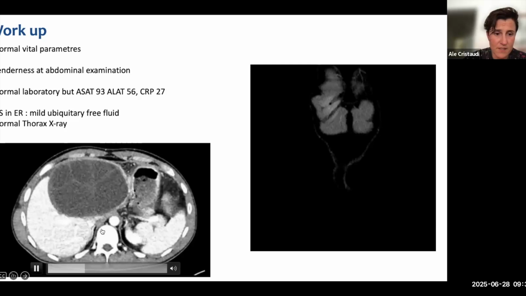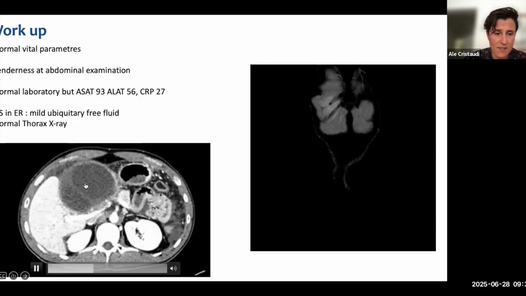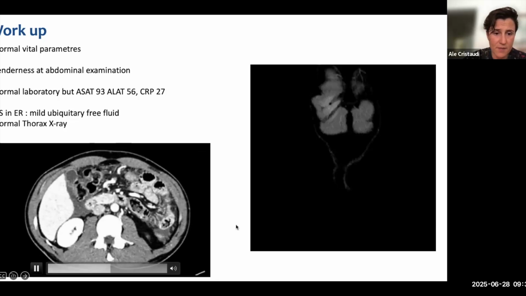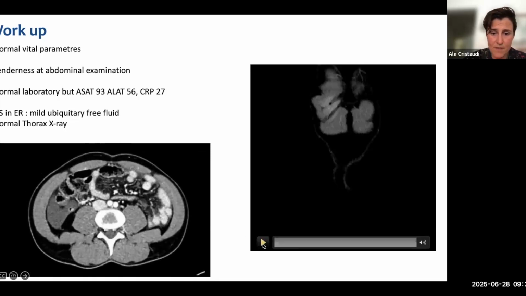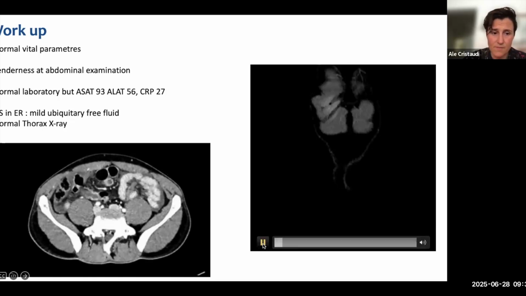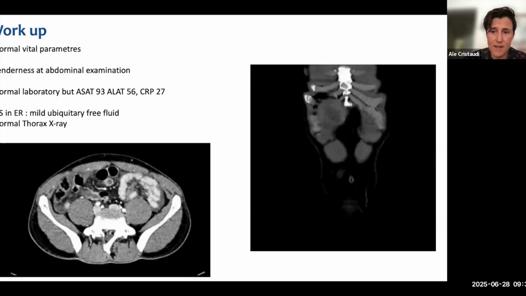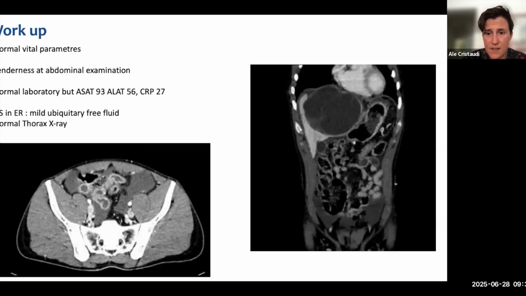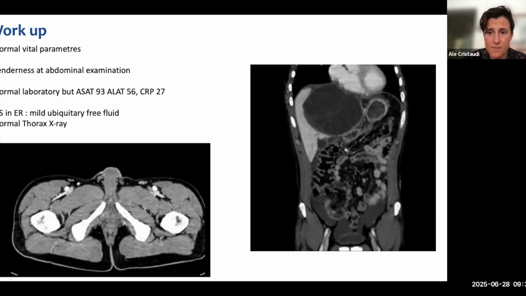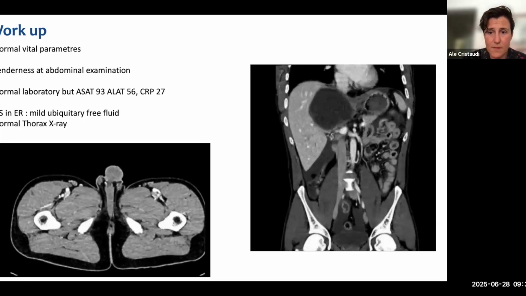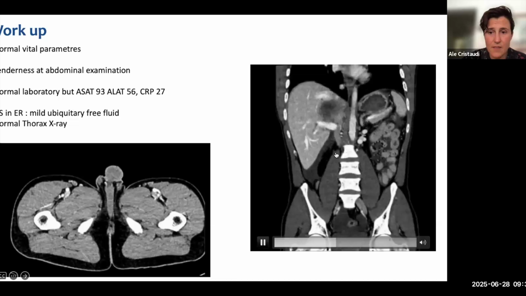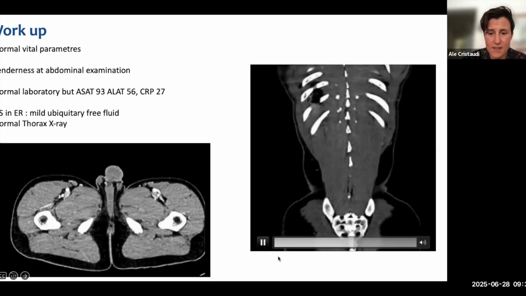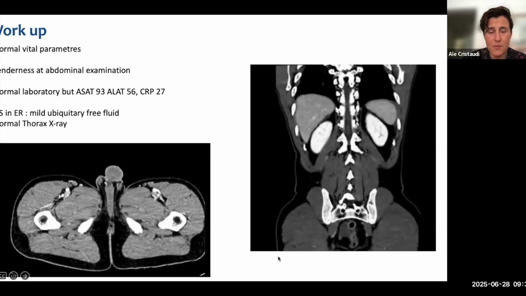So it's quite evident: a very big cyst in the left liver with septa and free fluid in the abdomen. The septa are taking contrast in the late phase. There is probably a mild dilatation of the bile duct, but the bilirubin is normal.